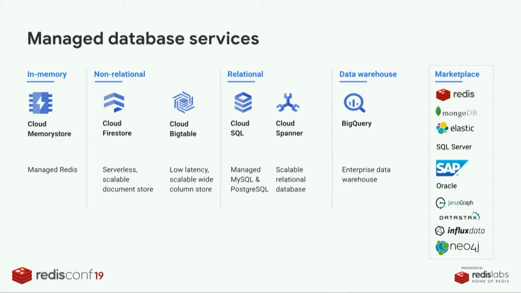One of the things that we take pride in is that we support the open source community, and we want to make sure that the open source partners have an equal footing in Google Cloud Platform. So in the platform, we offer pretty much all of the popular open source technologies. So that's the portfolio of databases that we have.